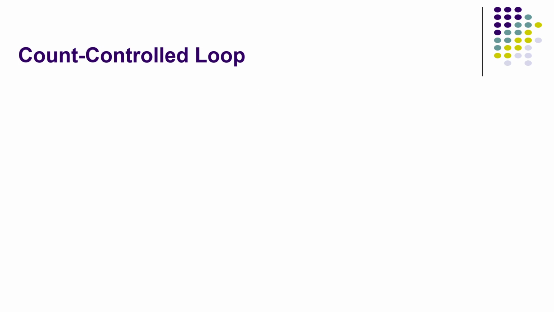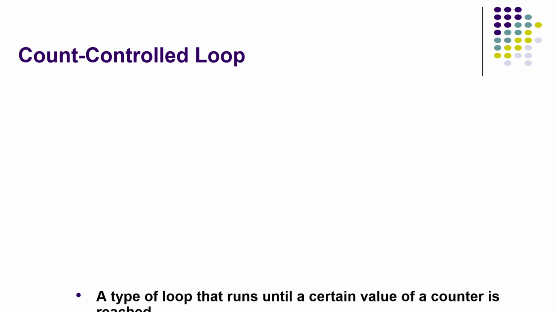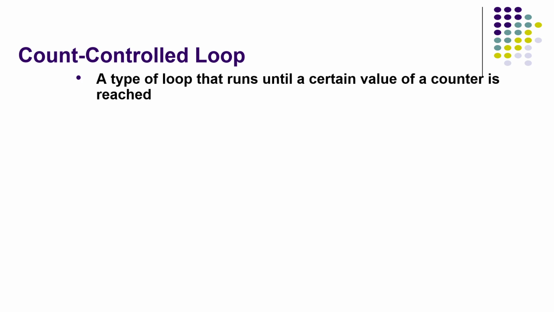Okay, let's go forward and cover different loop types. In this case, we're going to look at the count controlled loop. You're going to say, what does count controlled mean? Well, it means exactly what it sounds like. A count controlled loop is a type of loop that runs until a certain value of a counter is reached. As I said, you set it, you say, okay, I'm going to spend 5 minutes looking for this thing.